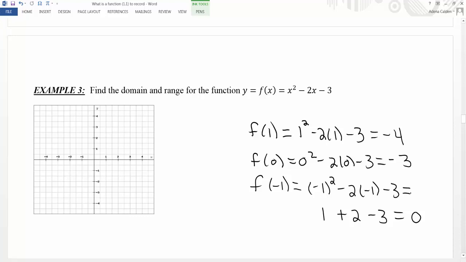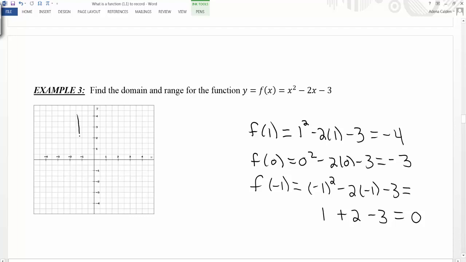However, I really want to make sure I understand what I can and can't plug in. And sometimes it's helpful when you have a formula to draw a picture of what is happening. So here, if I were to take this function and graph it, I would have a good sense of what I can and cannot plug in. If I were to graph this picture, it's going to be a parabola, which looks like a cup.